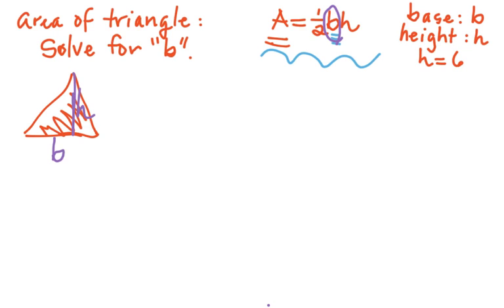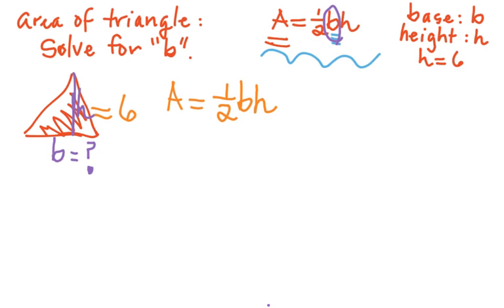I also am given something in this problem. I am told I have no idea what the base is, but I was given the height of the triangle. The height of the triangle was equal to 6. 6 what? I have no idea. It wasn't given to me. Just 6. So basically now I have a formula: area is equal to 1/2 base times the height.